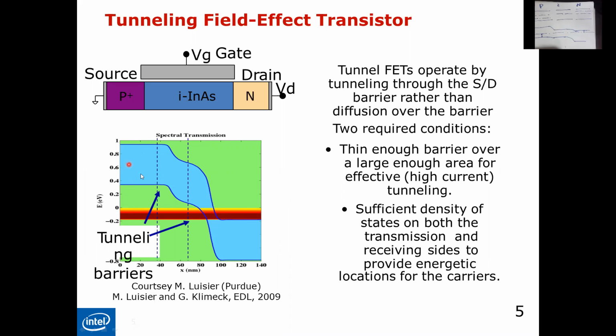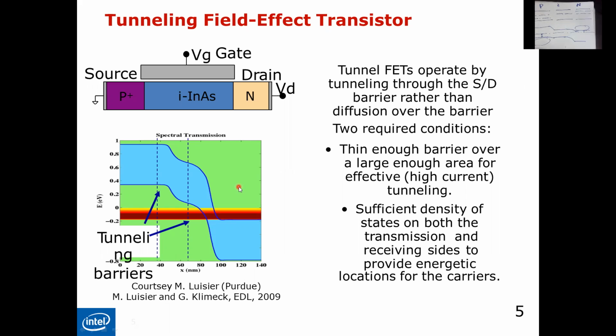What is interesting here is that the valence band of the p-type region becomes aligned with the conduction band of the n-type region. If you can see my plot, this one and this one become aligned. How do they become aligned? Because you are pushing this upward and pulling this downward, so this region and this region become aligned.